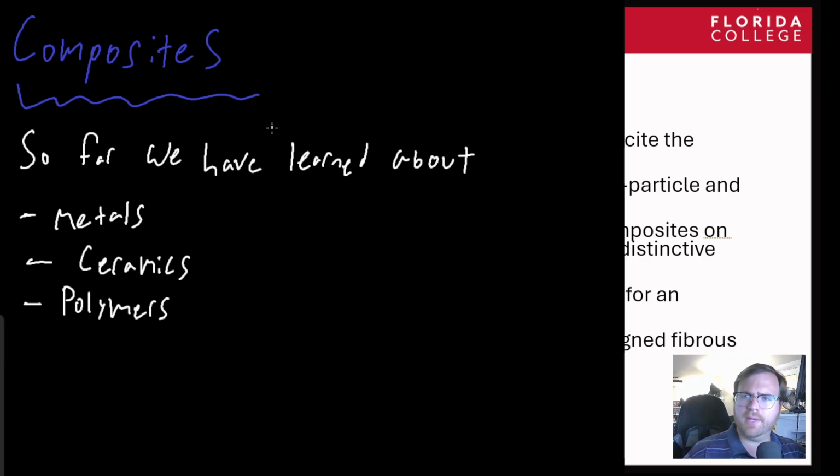We've talked about what makes them great and how they can be used to solve different problems in their own right, and also different calculations regarding each one. I've tried to give you an understanding of how each material is made up starting at the atomic level, right, and then moving into the nanoscale, or, I'm sorry, the microscale.